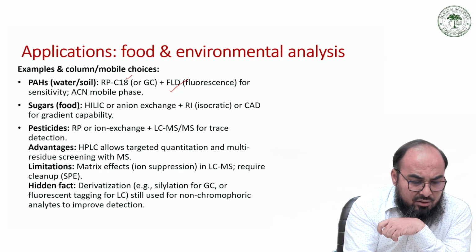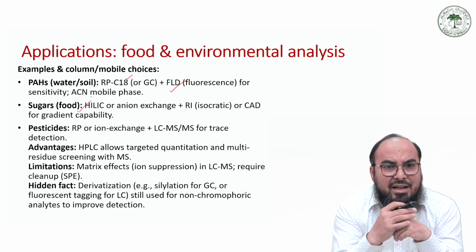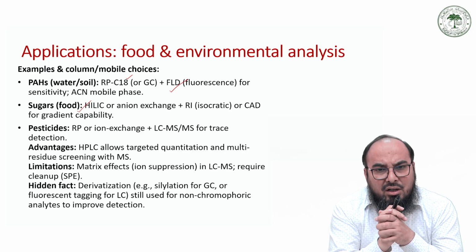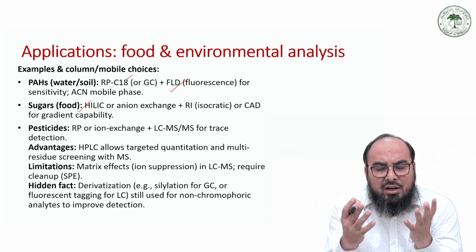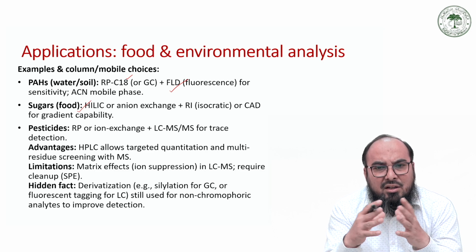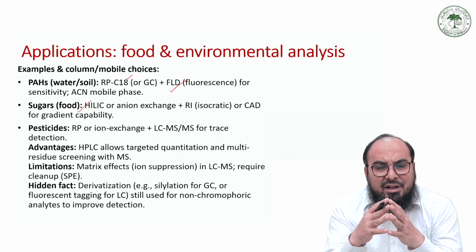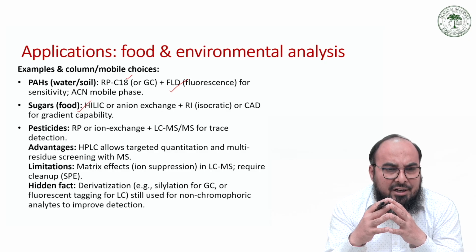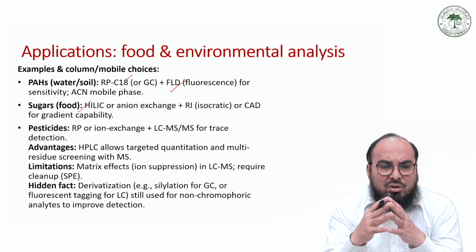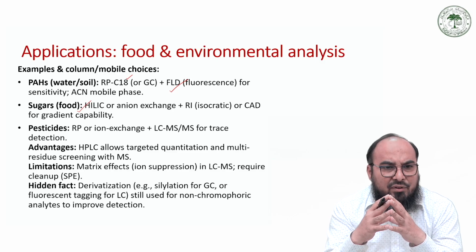HILIC is very good for the detection of certain anions and sugars. Here you use a very polar stationary phase, and generally you use an RI type of detector or CAD detector, which are only good for isocratic mobile phases.